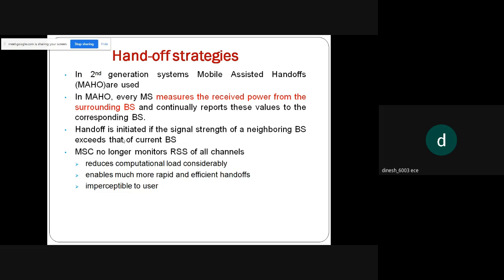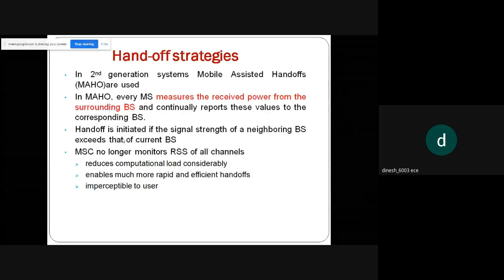During that period, if the call gets cut, the user will be under tremendous pressure, or he will scold the network operator. So this we call imperceptible to the user. He cannot tolerate that, so he has to move on to another network. That can be avoided if you use proper handoff.